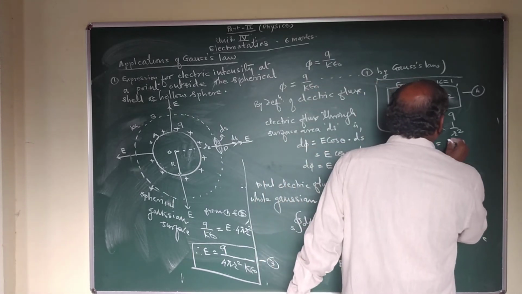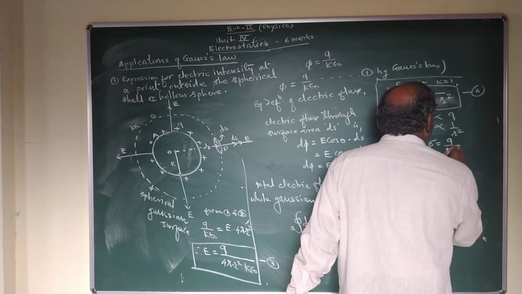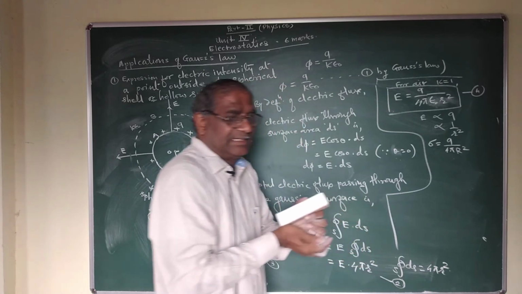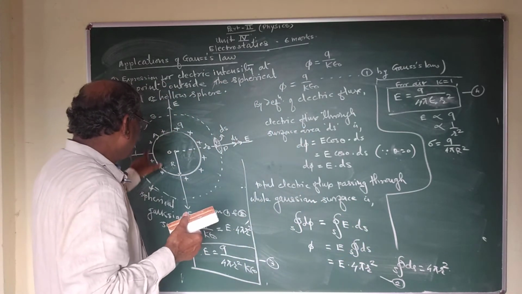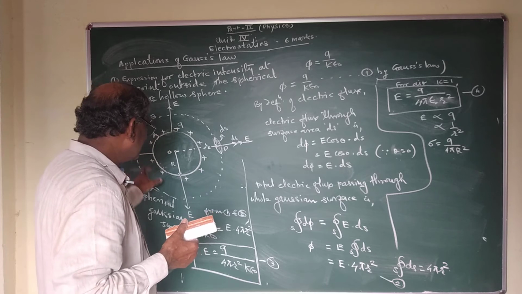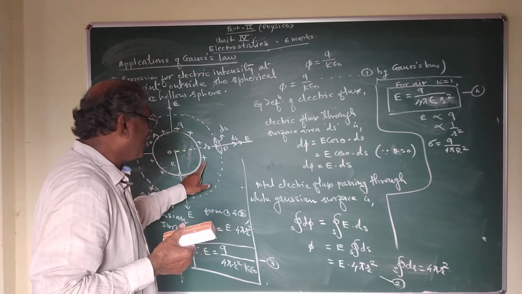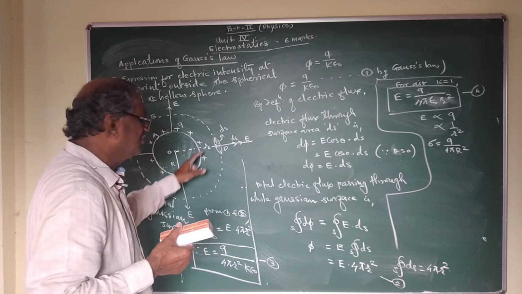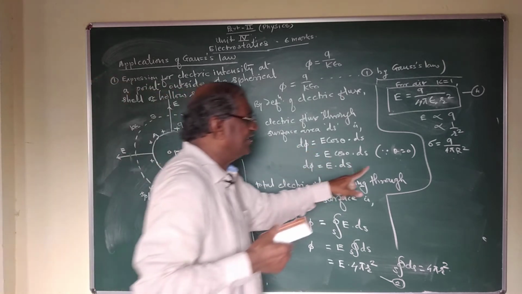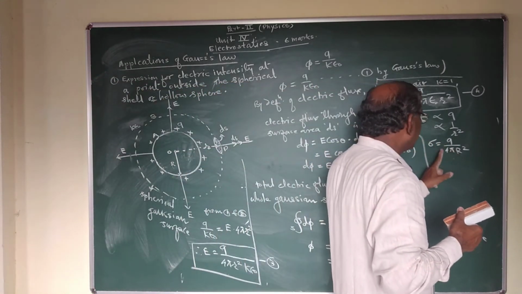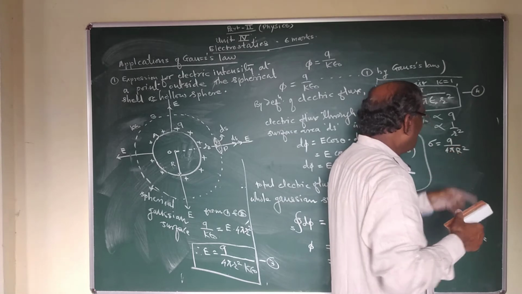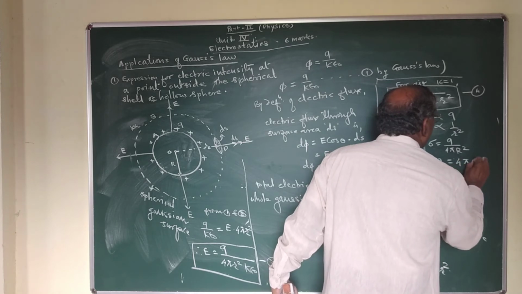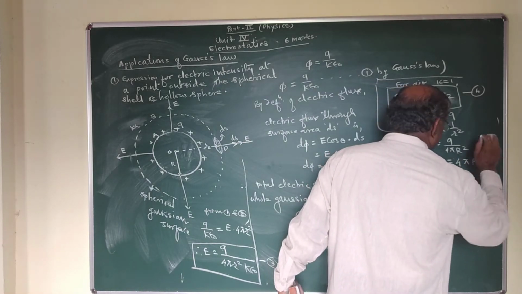Surface density of charge means charge per unit area on the surface of the sphere. So let sigma be equal to Q upon 4 pi r square. Therefore Q is equal to 4 pi r square into sigma.